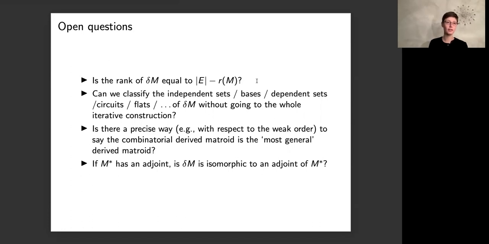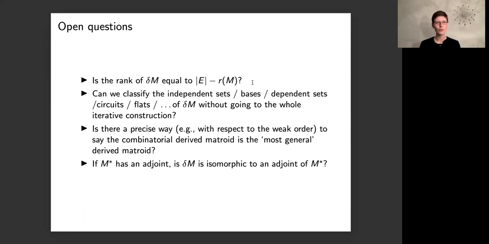Because the good thing is that it works. The bad thing is that it's impossible to calculate with, right? We would want a result that says, if your set looks like this, then it's always independent. We have a result that says if your set satisfies the nullity condition, then it's dependent. But we don't have a similar result for independence, which would be really nice because then maybe you can see what your minimal rank is.